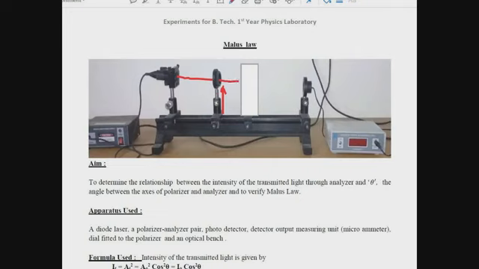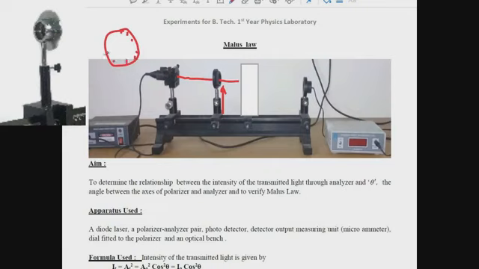Now on this polarizer, there is a circular scale, with a lot of readings mentioned on it. There is a circular scale and there is a rotator, so that you can rotate it using your fingers.